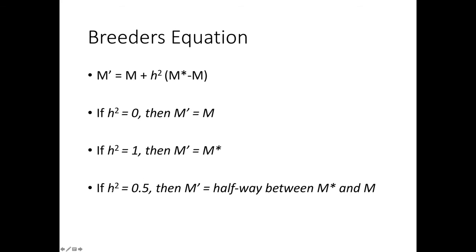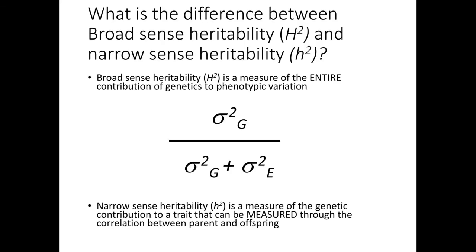And then finally, if little h squared is equal to 0.5, then M prime would end up halfway between M star and M. And you can see now that little h squared basically measures the degree to which one can select for a phenotype, and it's determined, of course, by the contribution of genetics.